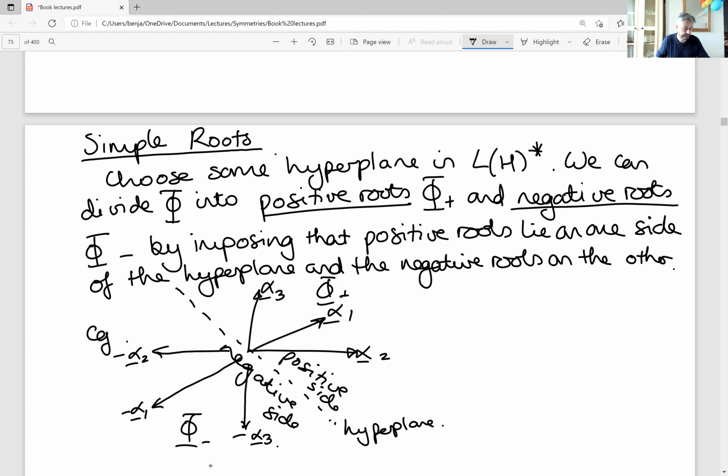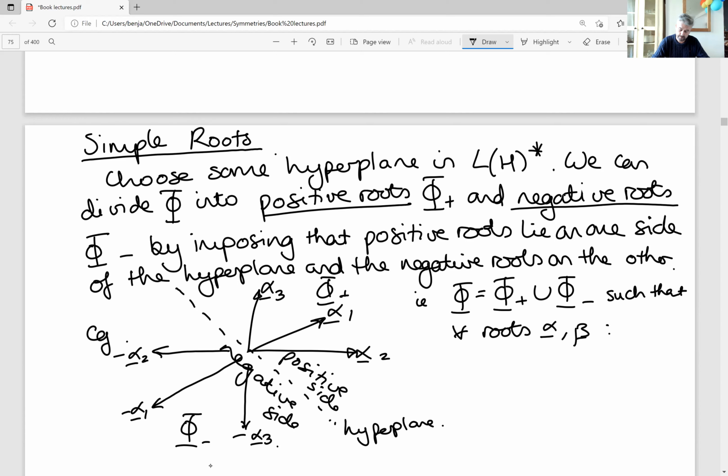So this is equivalent to putting phi is phi plus union with phi minus, such that, firstly, for all roots alpha and beta, if alpha is in the positive roots, this implies that minus alpha is in the negative roots, and vice versa.